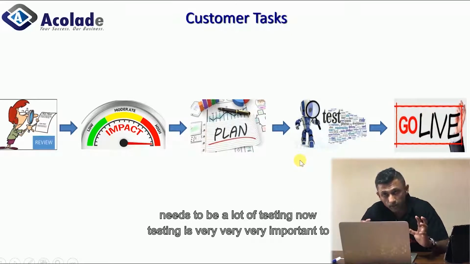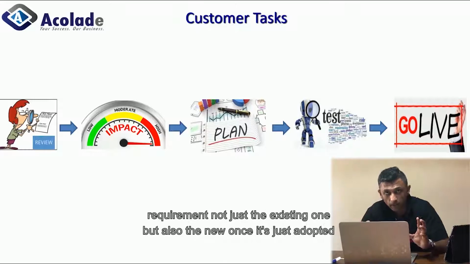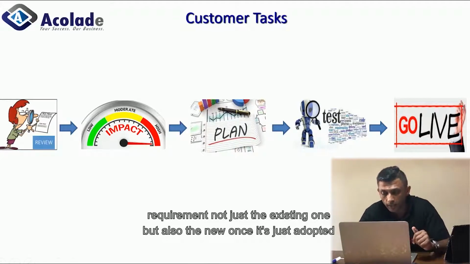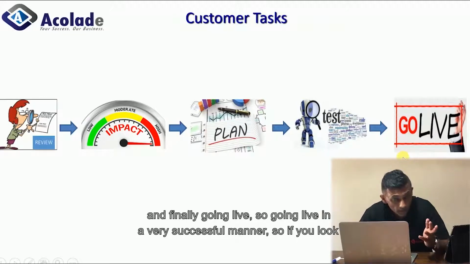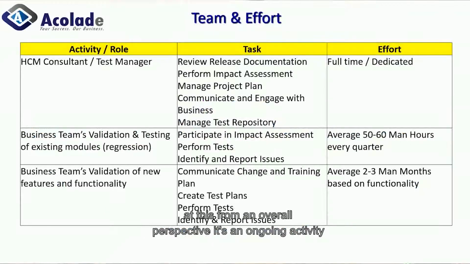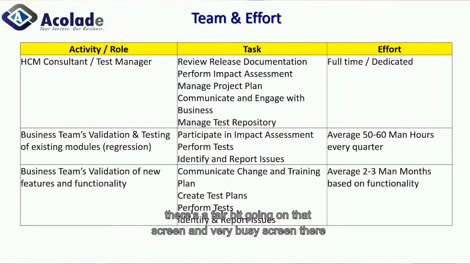Now, testing is very, very, very important to make sure that all your configuration is working as per the requirement, not just the existing one, but also the new ones that you've just adopted. And finally, going live. So going live in a very successful manner. So if you look at this from an overall perspective, it's an ongoing activity quarter on quarter, and in some instances it's a monthly activity as well. So as you can see, there's a fair bit going on that screen. It's a very busy screen there.